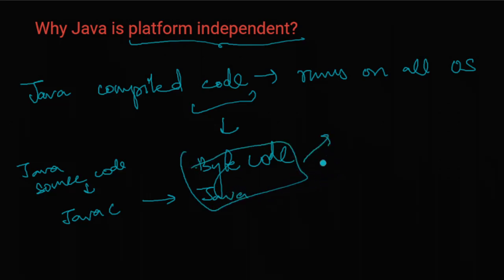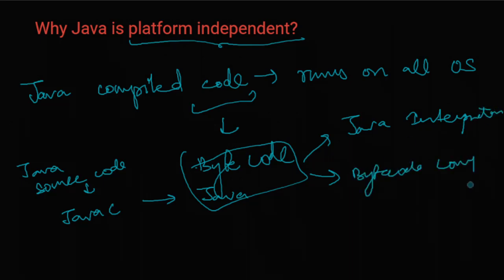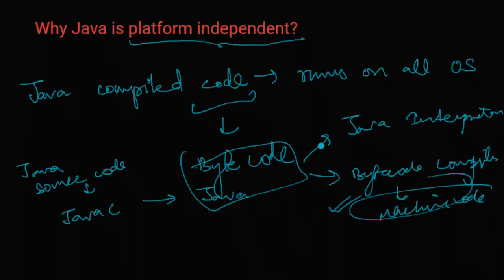This Java bytecode again has two parts. One goes to the Java interpreter. Second is a bytecode compiler. And this bytecode compiler generates it into a machine code that is understandable by your machine. So each and every machine will now be able to understand what this particular task is asking for.